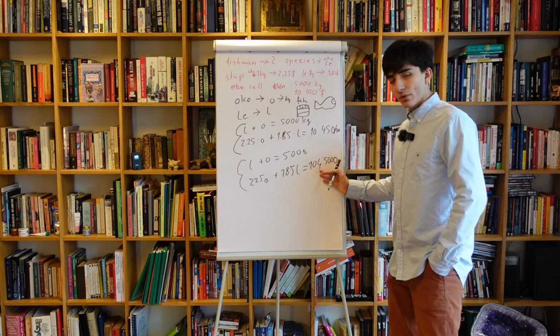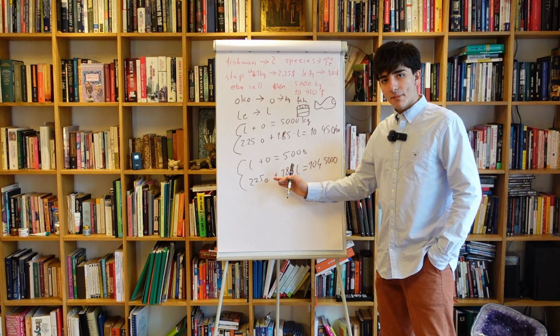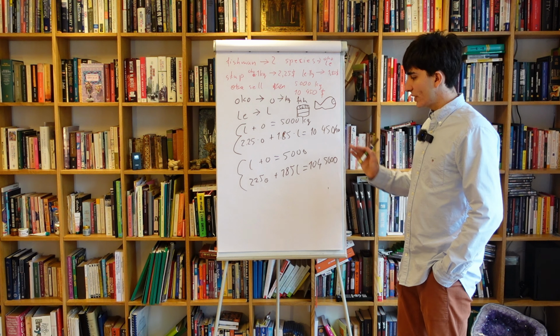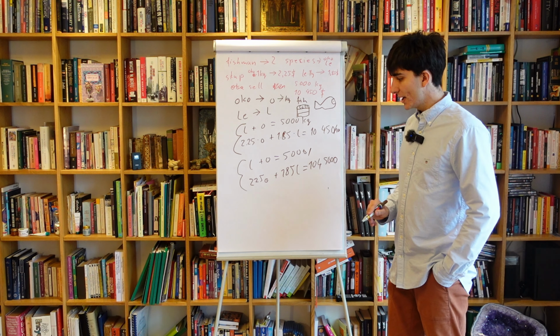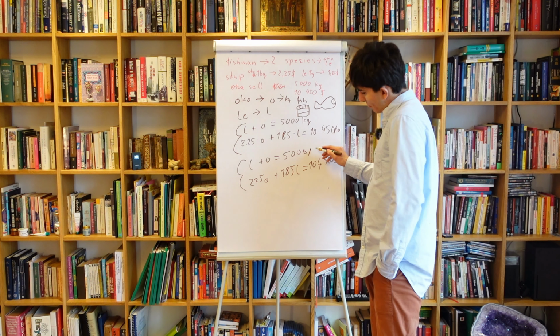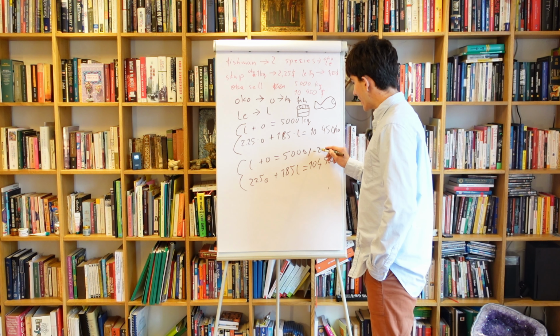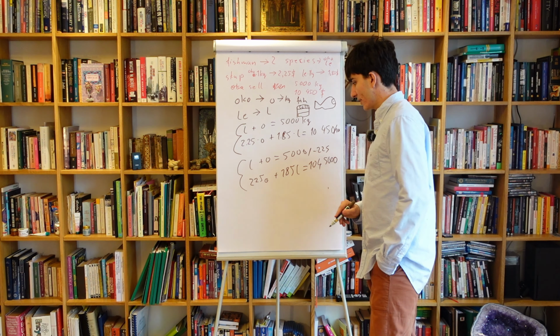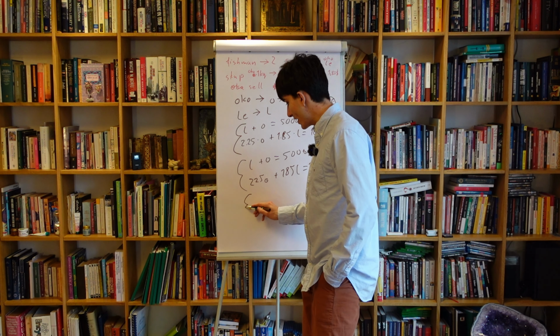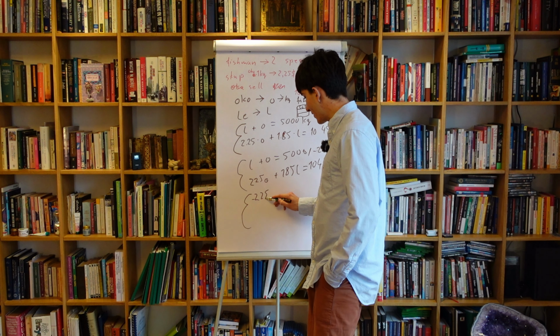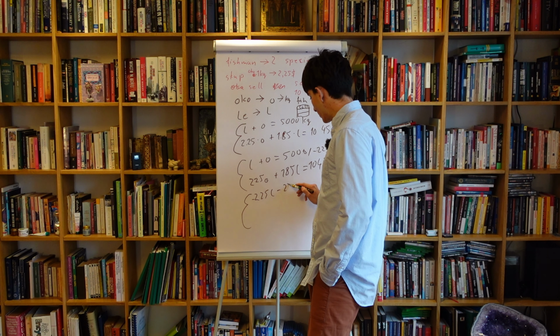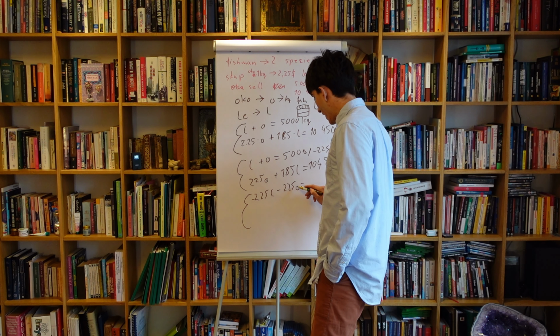Okay, so we have a very big number here. So what do we want to do now? Now we want to multiply the bottom part times minus 225. And we will get in the uppermost minus 225L minus 225O is equal.